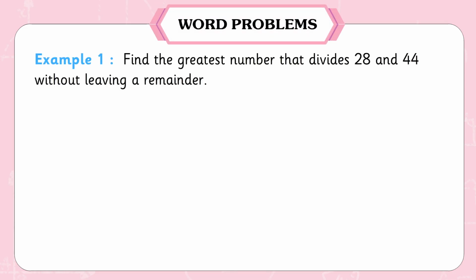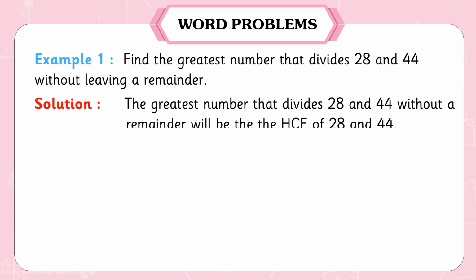Word problems. Example 1. Find the greatest number that divides 28 and 44 without leaving a remainder. Solution. The greatest number that divides 28 and 44 without a remainder will be the HCF of 28 and 44.